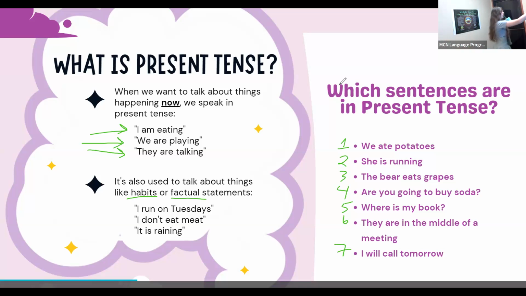Remember that's what I'm talking about. Now, habits, or factual statements. And there should be more than one. There's a few in there that are present tense.